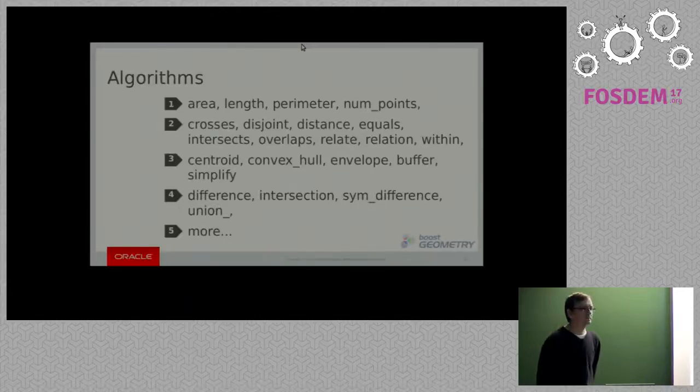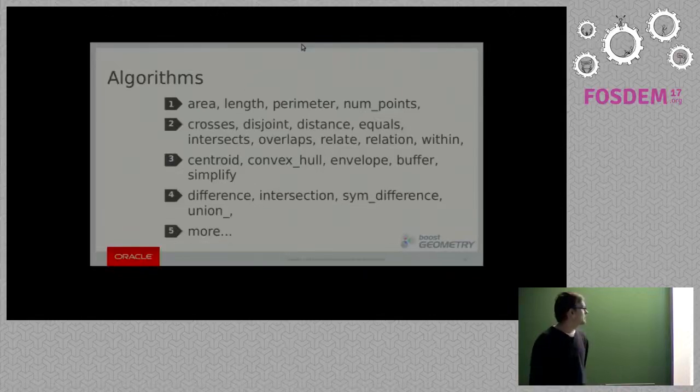Boost Geometry has many algorithms. I grouped them here by the number of inputs and the kind of output. So the area, length, perimeter takes one geometry and returns some value.